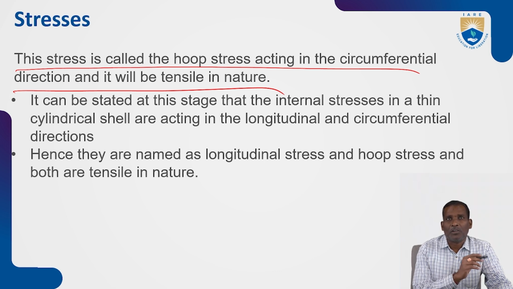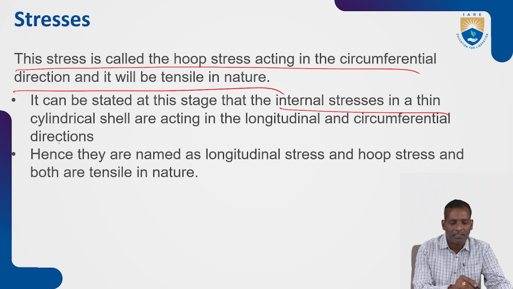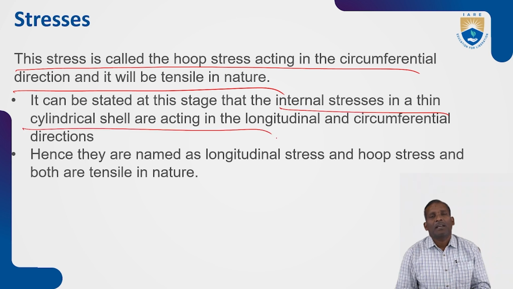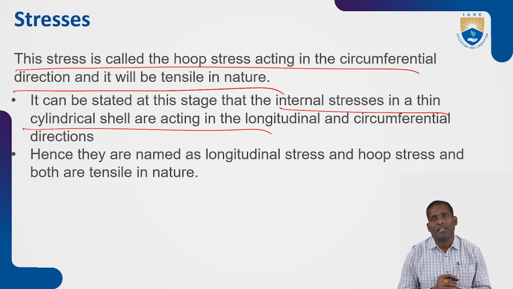Previously we calculated the longitudinal stress sigma L, and now we have derived the hoop stress. It can be stated that the internal stresses in a thin cylindrical shell are acting in the longitudinal and circumferential directions.